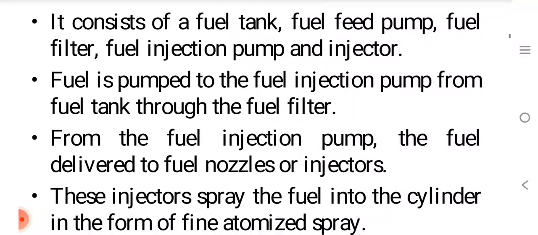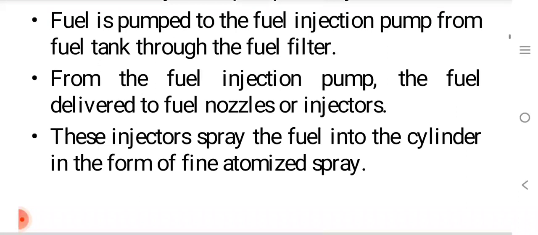Fuel is pumped to the fuel injection pump from the fuel tank through the fuel filter. From the fuel injection pump, the fuel is delivered to fuel nozzles or injectors. These injectors spray the fuel into the cylinder in the form of fine atomized spray.